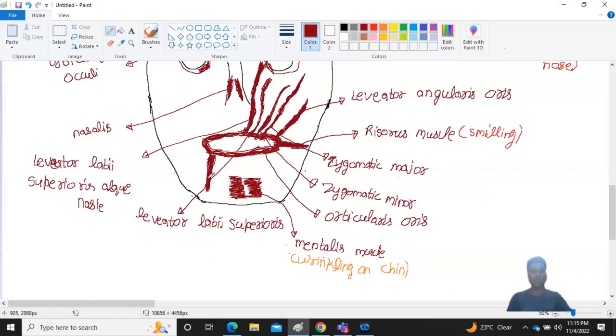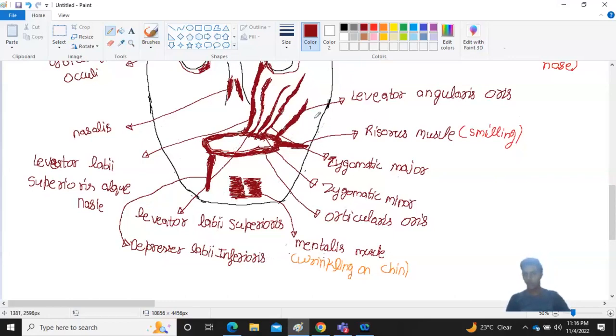The similar muscle is depressor labii inferioris. These are just one elevating, one depressing the lip.